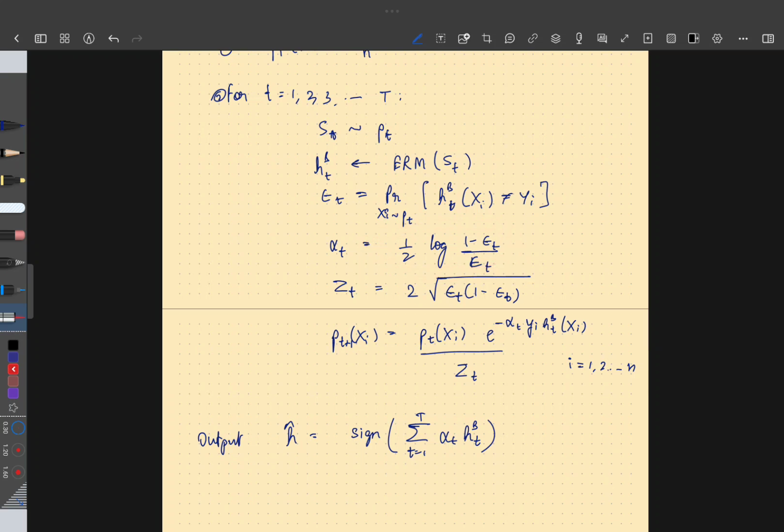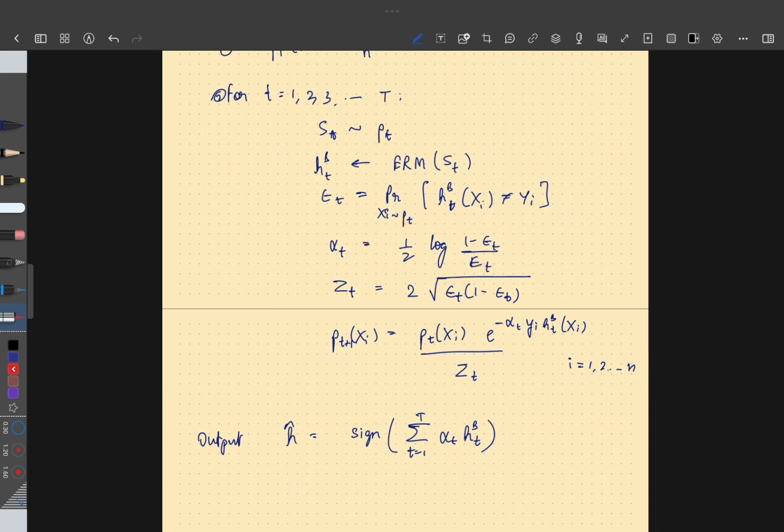Sorry, the loss of an ERM, if it's binary classification, it can be, but then you can essentially improve it to get a loss of less than half.